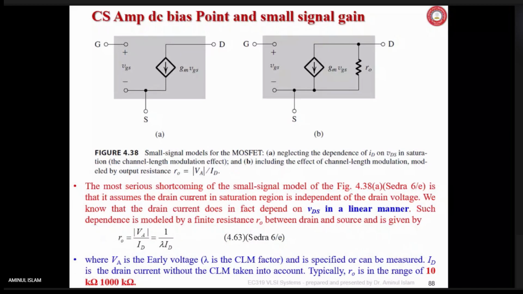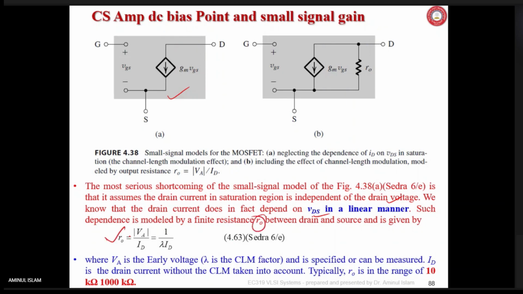Anyway, the most serious shortcoming of this small signal model is that it assumes the drain current in the saturation region is independent of the drain voltage. We know that the drain current does in fact depend on VDS in a linear manner. Such dependence is modeled by resistance RO between drain and source.